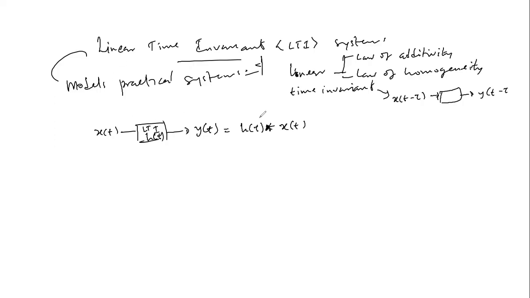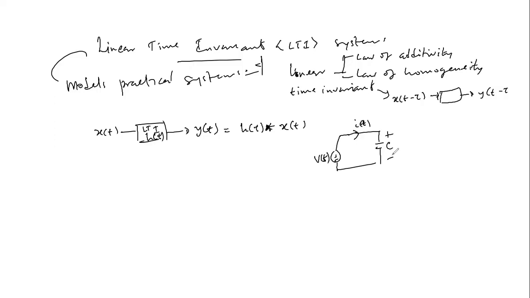For most practical systems, for instance in electrical engineering using circuits, let's assume we have a circuit with a capacitor C and a voltage source, and current i of t flows through this, and this is v of t.